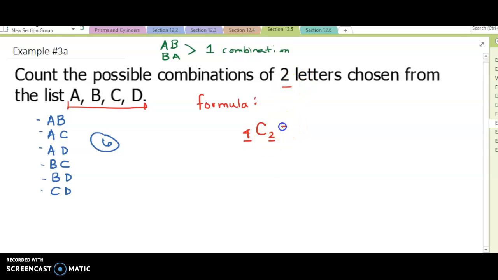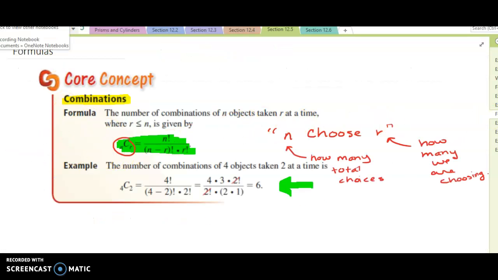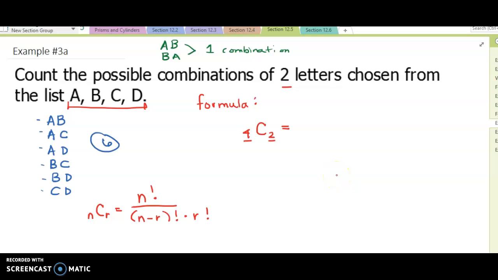So 4 choose 2 equals, now if we go back to our formula, n choose r equals n factorial over (n minus r) factorial times r factorial. If you don't know where I got that, it's straight from here. So for 4 choose 2, this is our n, and this is our r.